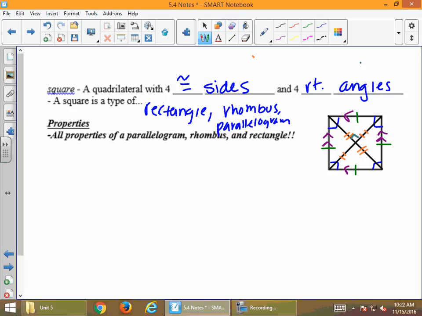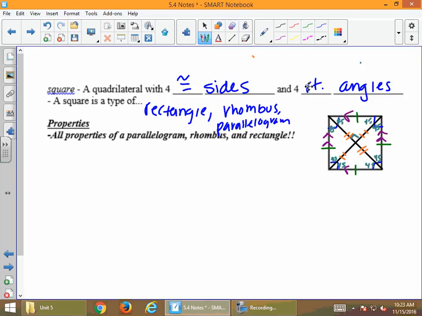They're bisecting them, and it's nice because it's a square. We know the measures of these angles are 90 degrees. So if you cut 90 degrees in half, what do you get? 45. So we know all these little angles right here are 45 degrees because those diagonals are cutting them in half.